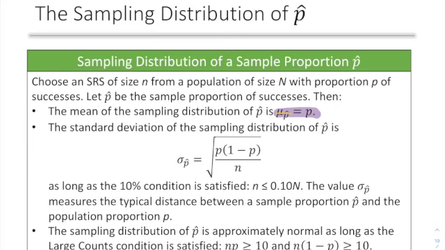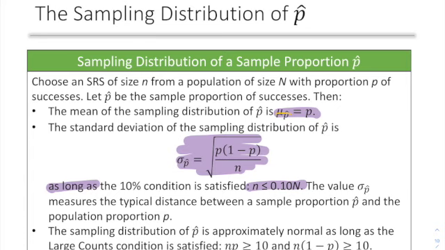The standard deviation can be calculated using this formula, which is given on your formula chart, as long as your 10% condition is satisfied. This is the same condition we were dealing with before Christmas with the binomial distribution, that our sample is less than or equal to 10% of our population. So we check this 10% condition first, and if it is satisfied, then we can calculate the standard deviation.